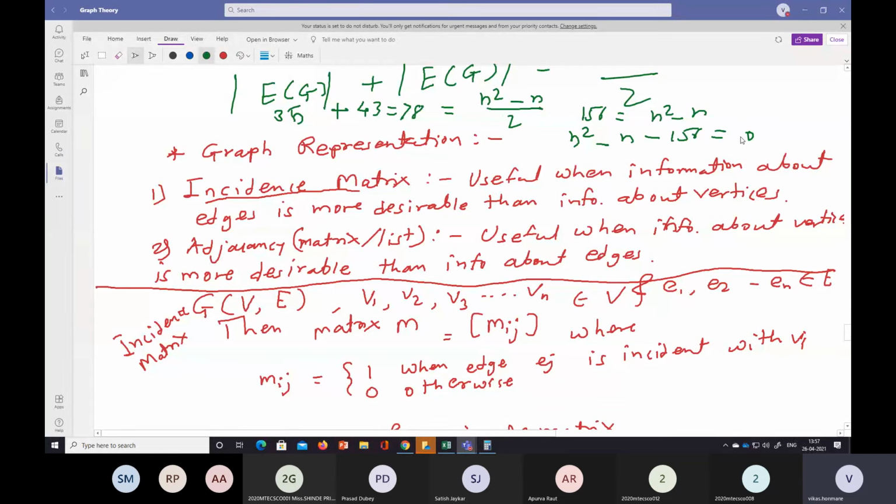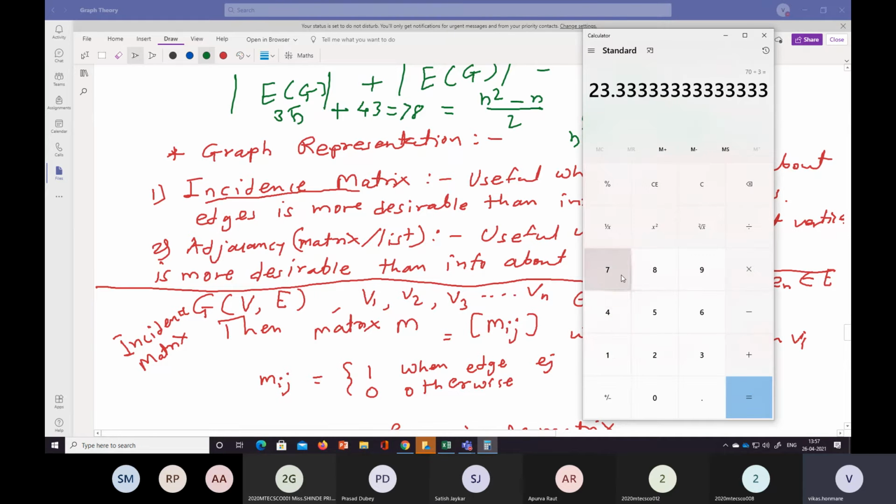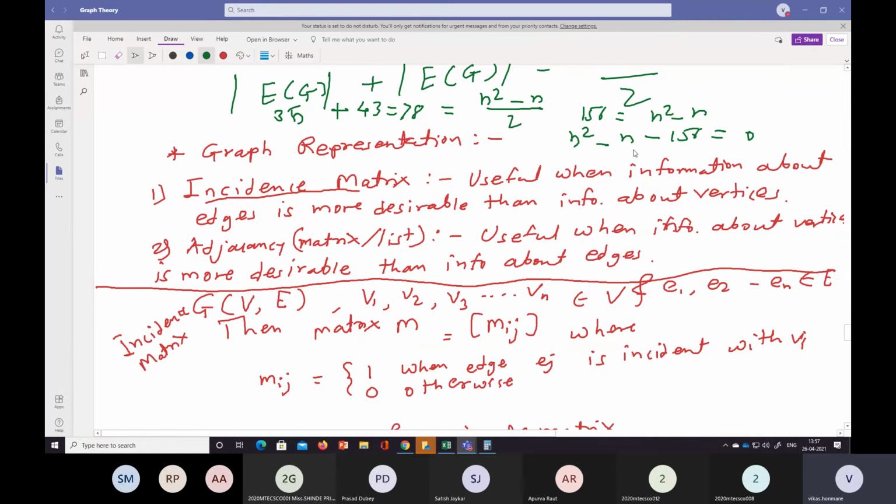Okay, so we have to solve this equation, n square minus n minus 156. Okay, so we can solve this equation like n square.